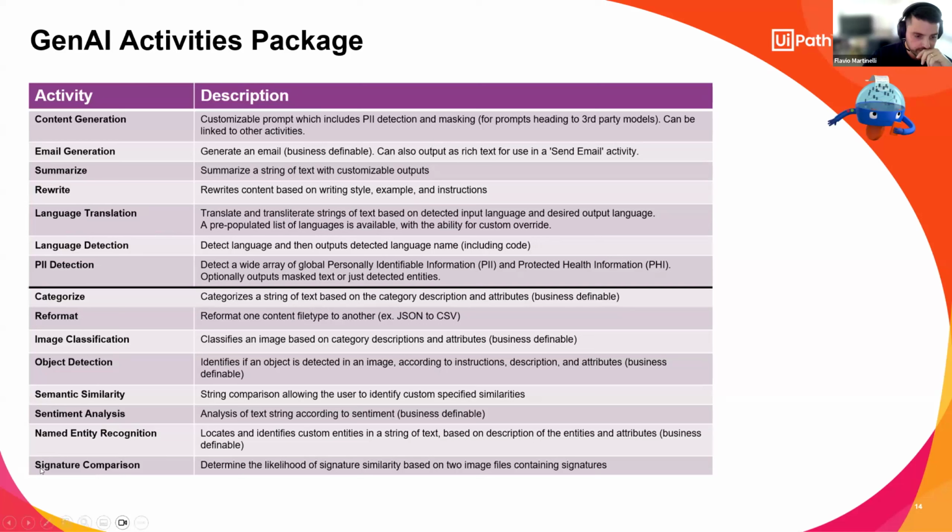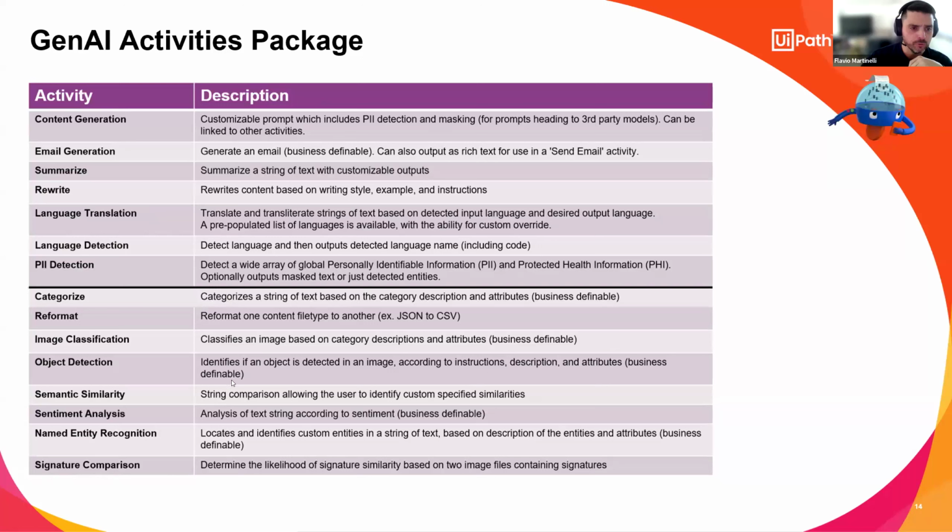And we will see, I think, a funny example on the signature comparison, in which we can send the GenAI two images, and it will give us in return a score and a reason for that particular score. I'm speaking about signatures, so I will show you later on in the demo.